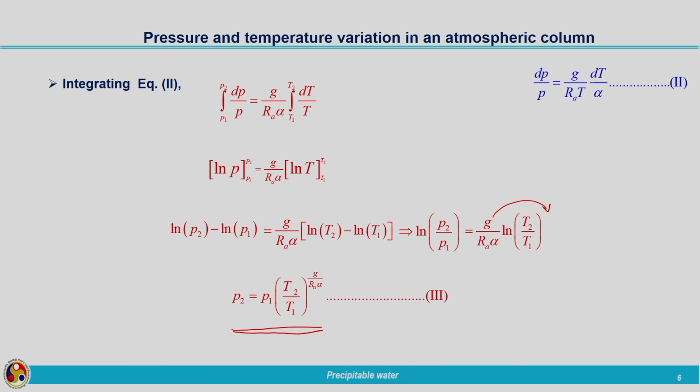Look at this equation. On the right-hand side, we have P1, T2, and T1. Near the ground surface, P1 and T1, that is the pressure and temperature, we can measure, and we have the T2 term on the right-hand side.